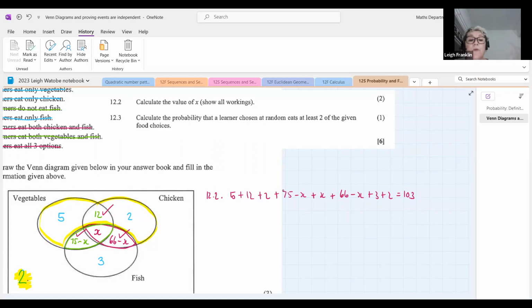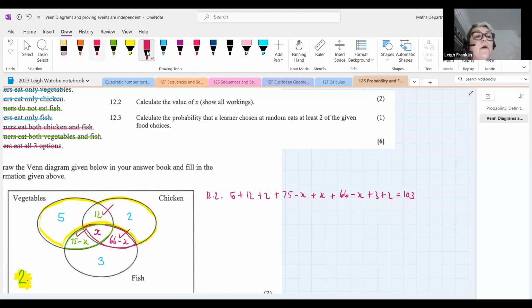it equals 103. Okay, so as far as the X's are concerned, we've got minus X plus X, that would add up to 0. So what's left here is a negative X on the left-hand side, which is not a problem. And on the right-hand side, we'd say 103, and then we would minus all those values. What do you guys get?